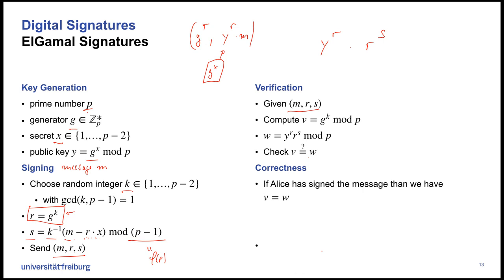So r is g to the k, so this here is g to the x, so we have g to the x to the power of r, and g to the x, which is y, to the power of r, which is, strangely enough, g to the k. Okay. And we multiply this with r. r is also g to the k. And we have g to the k.